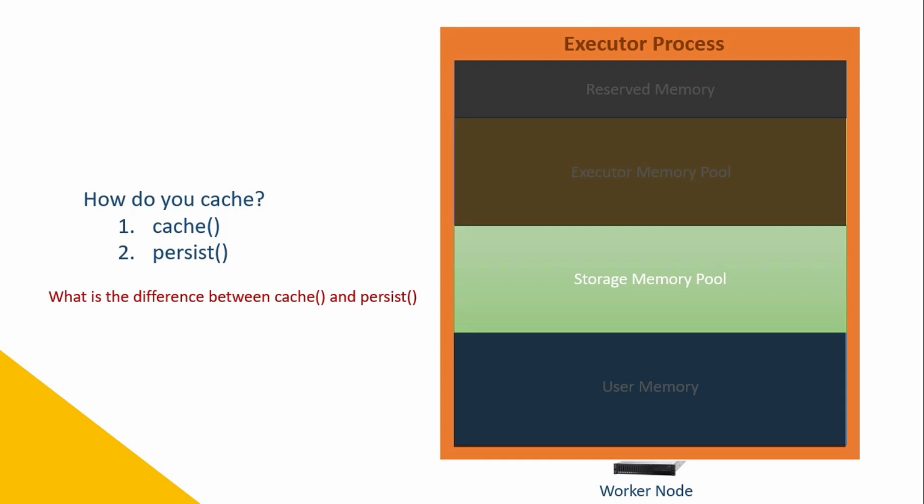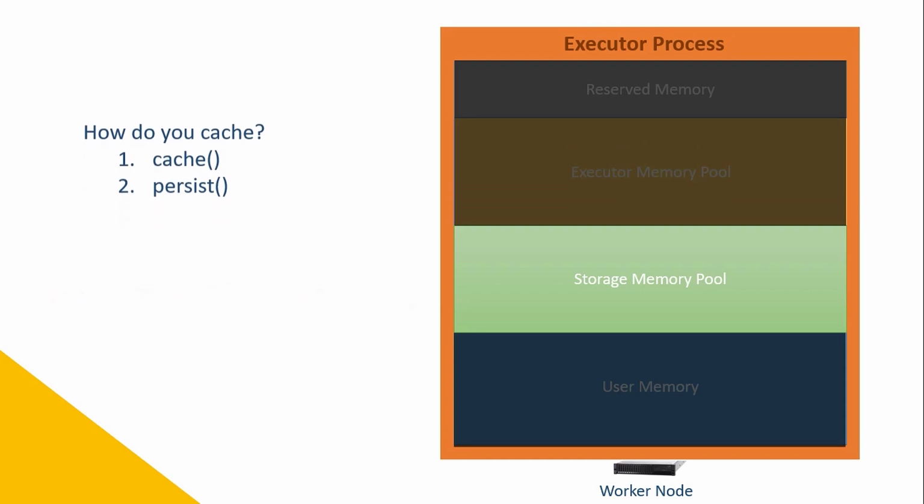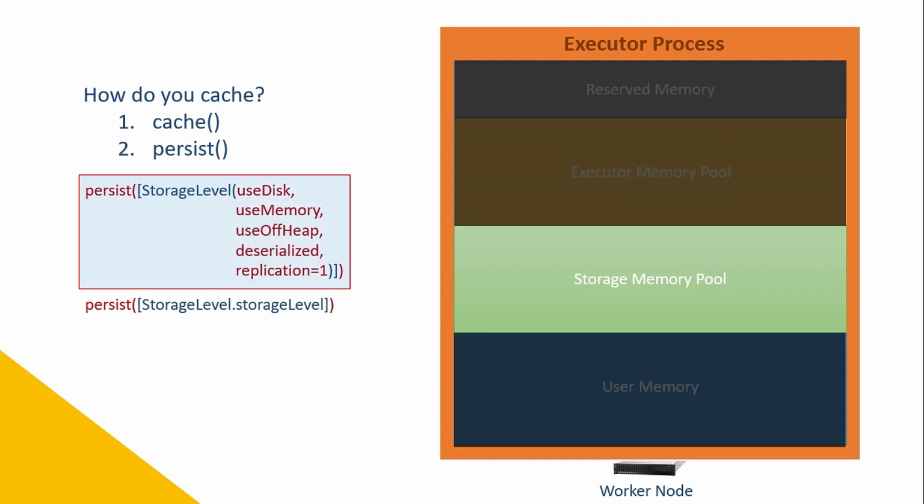The cache method does not take any argument. However, the persist method takes an optional argument for the storage level. So the signature for the persist method is like this. You also have an alternative like this. Both of these alternatives are to specify the storage level. So let me quickly recap the difference between cache and persist.